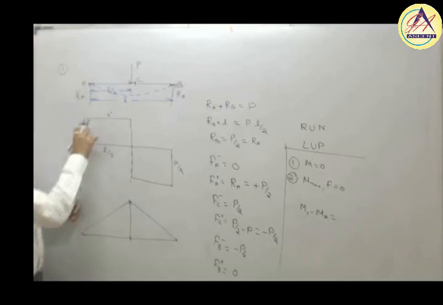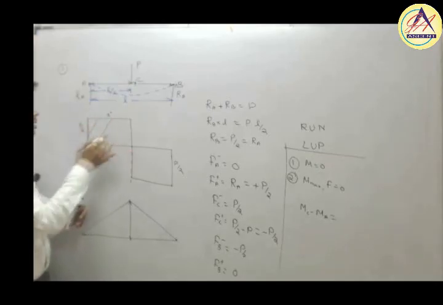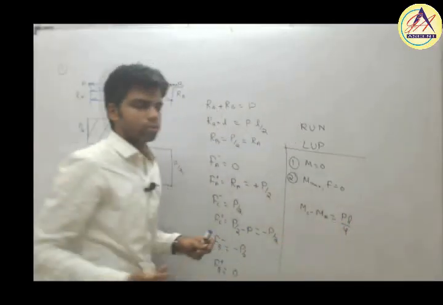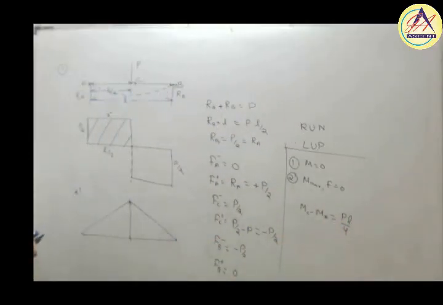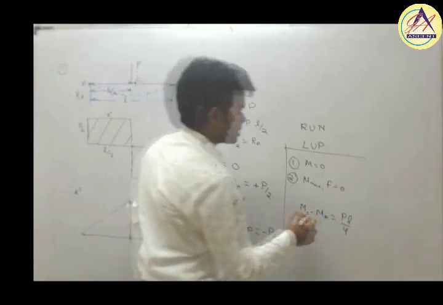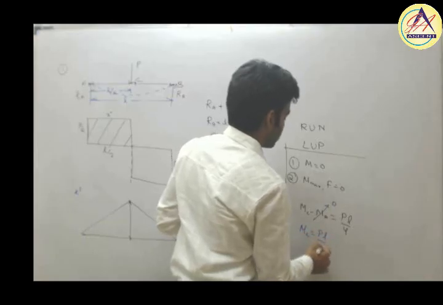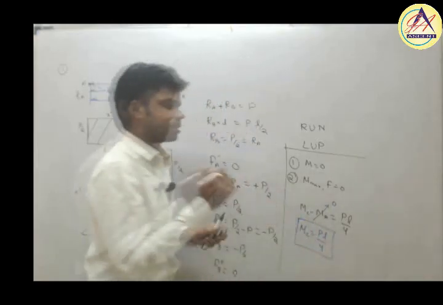P by 2 into L by 2, area of this rectangle. So this will be equal to PL by 4. Yes or no? And we know that moment at point A is 0, that means MA is equal to 0.